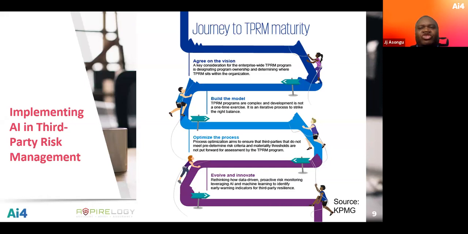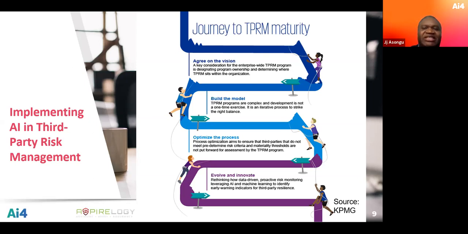So there is a maturity level that you can look at; each organization has its level of maturity. You have a basic level where the organization is still struggling to put together a model that they can use.